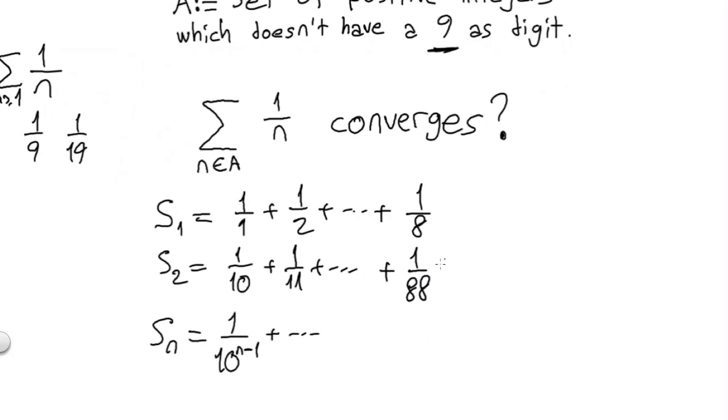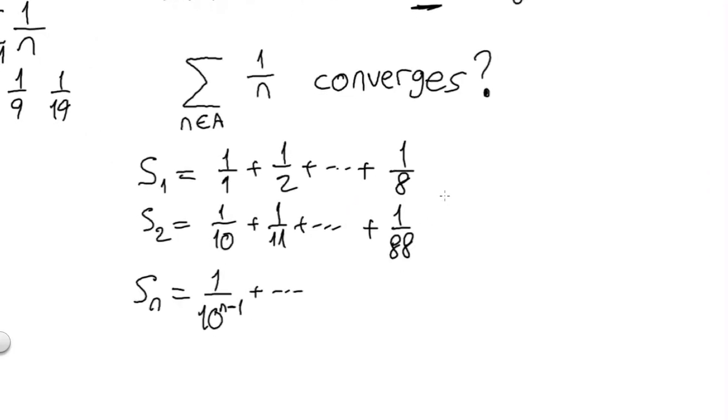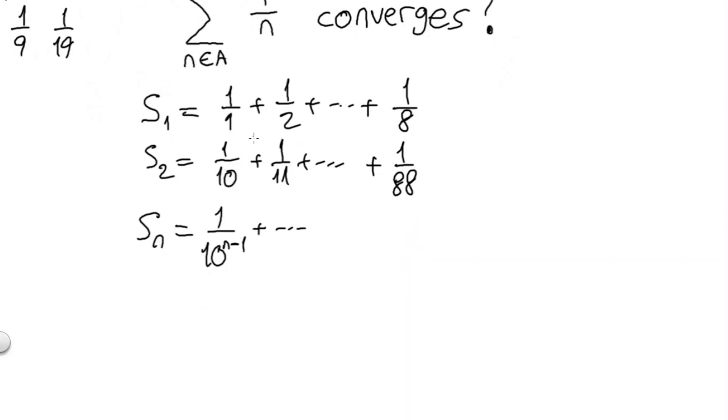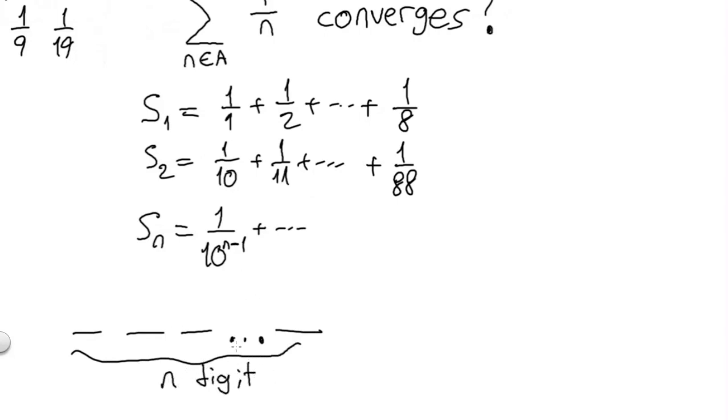Okay, cool. Now my goal is to find a nice upper bound for all of this. First of all, I will try to count how many terms are in Sn. Imagine this is an n-digit number. I will see how many numbers I can write with n digits that don't have a 9.